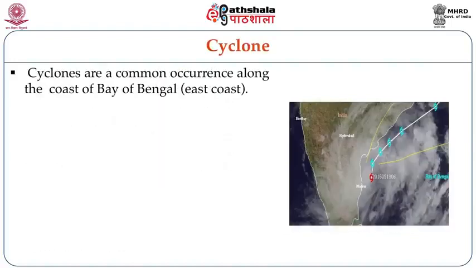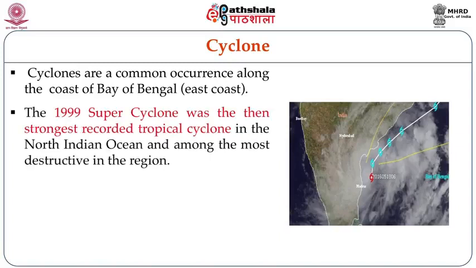Cyclones are another disaster that we would be covering today. Cyclones are a common occurrence along the coast of the Bay of Bengal. In 1999, the super cyclone was then the strongest recorded tropical cyclone in the northern Indian Ocean, and among the most destructive in the region.